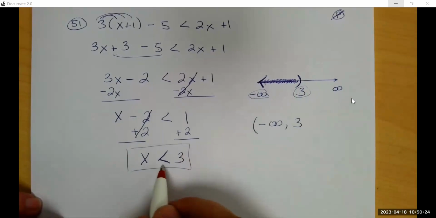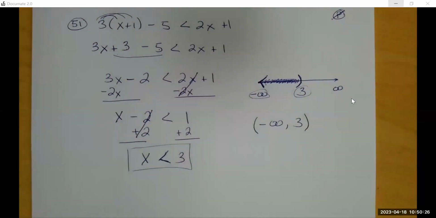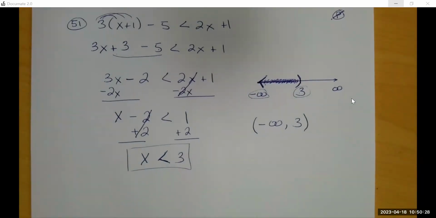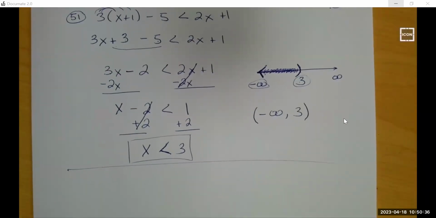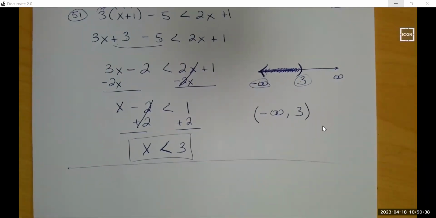Since 3 is not equal to, it's a parenthesis. All right.